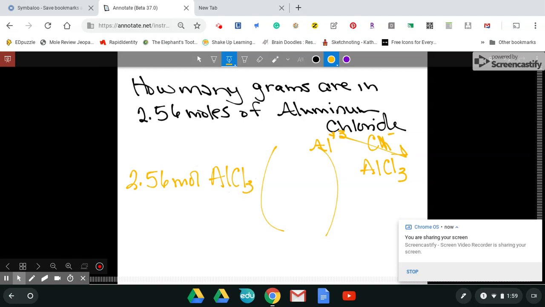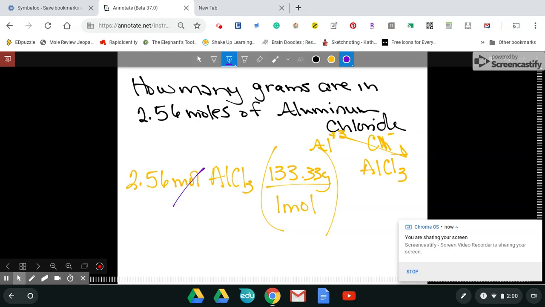Okay. This time I'm in moles and I need to go to grams. So I'm going to multiply. 1 mole is the same thing as the mass of aluminum chloride. So aluminum chloride is 26.98 plus 35.45 times 3, which is 133.33 grams.